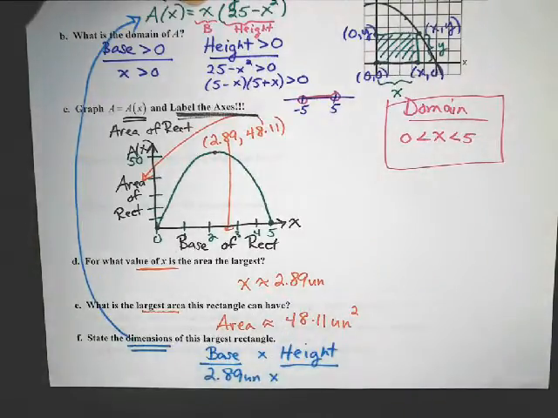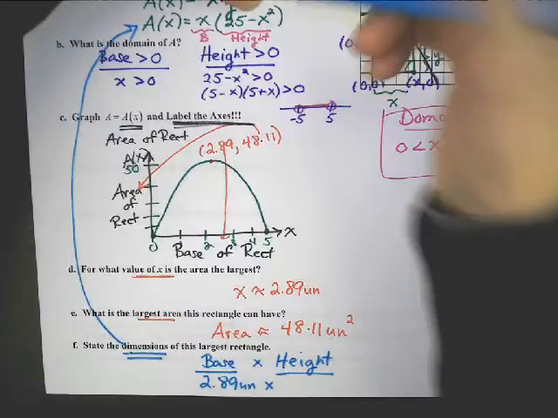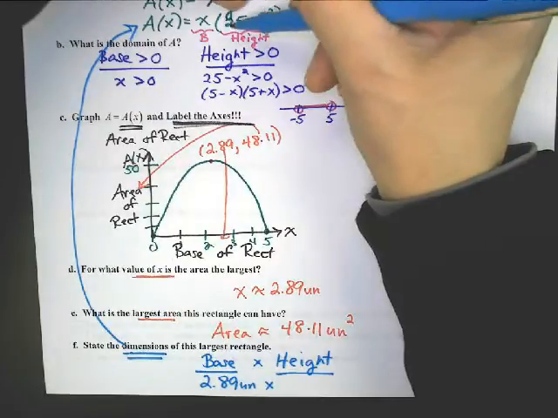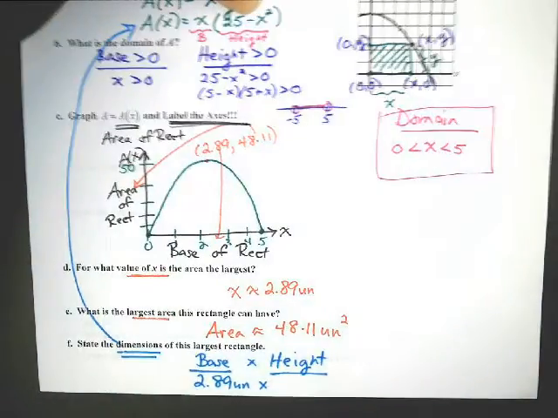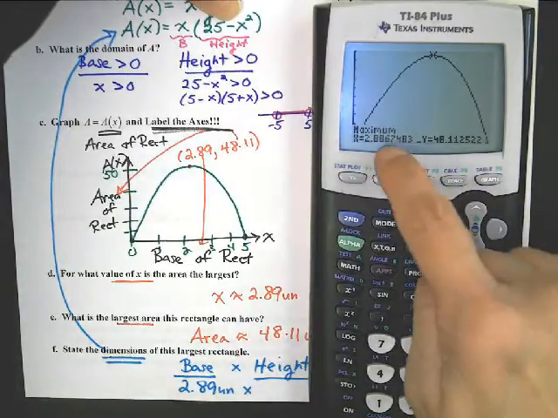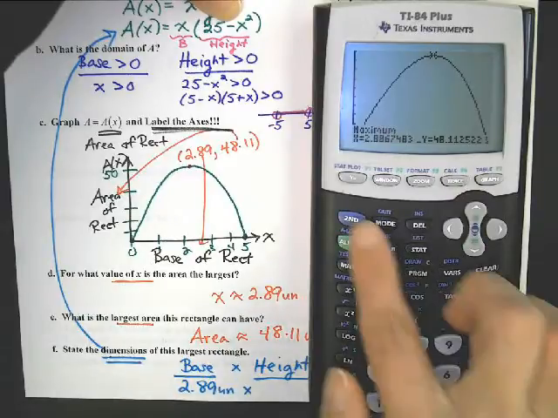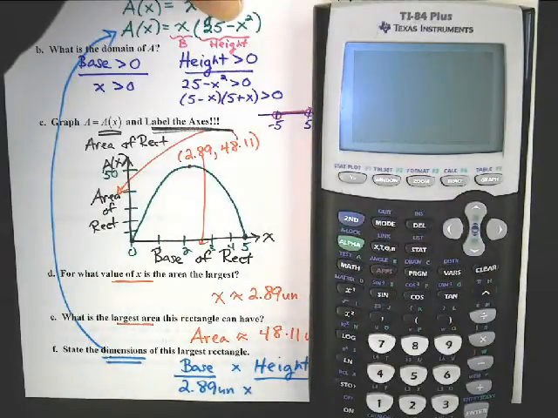Now the height, you're going to have to calculate. If you look at your equation, no matter what type of shape you have, this is the easiest thing to do. This is the height, 25 minus x squared, and I'm going to show you a trick with the calculator. If you still have maximum and that cursor up there, what I want you to do is second quit. Don't move the cursor, just quit.